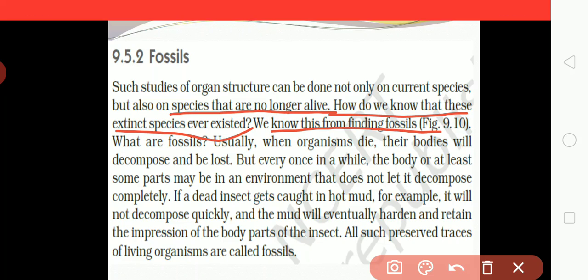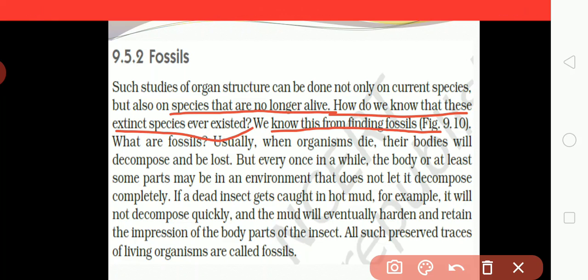If we talk about the dinosaur, we imagine a dinosaur, but did it exist in the past? We do not know directly whether it existed in the ancient period. How do we know? With the help of fossils.